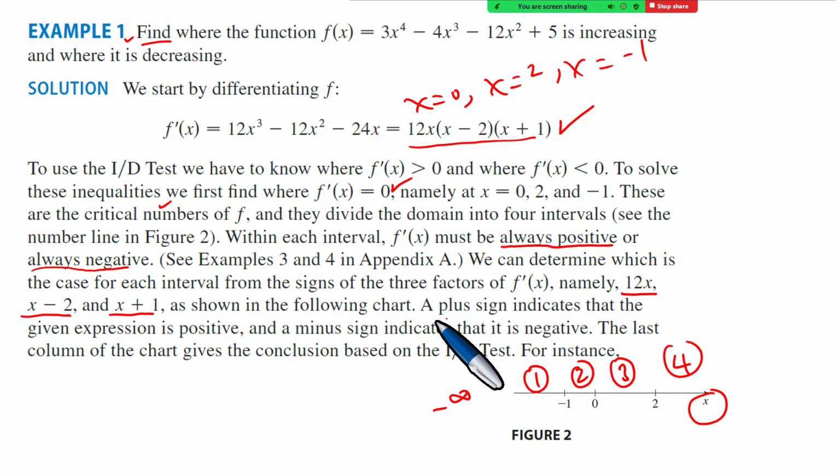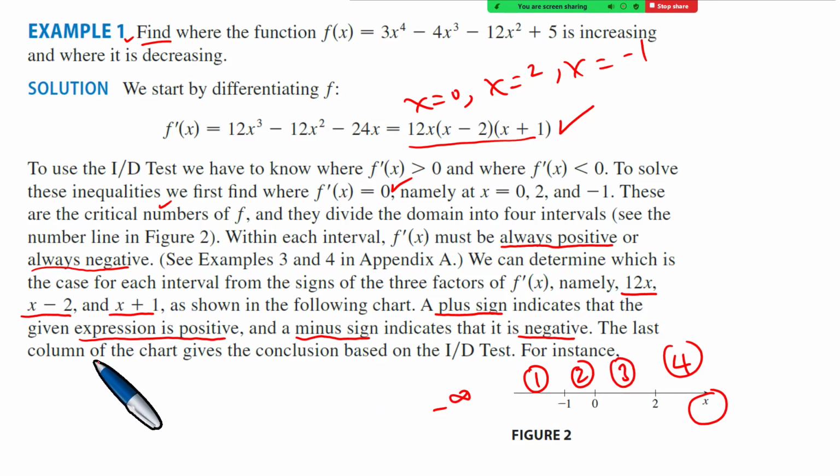A plus sign indicates that the given expression is positive, and a minus sign indicates that the expression is negative.